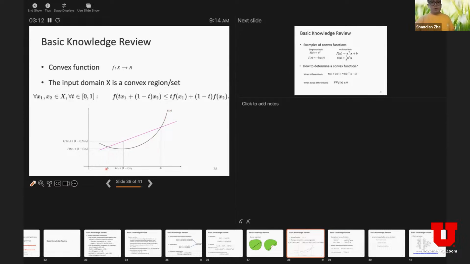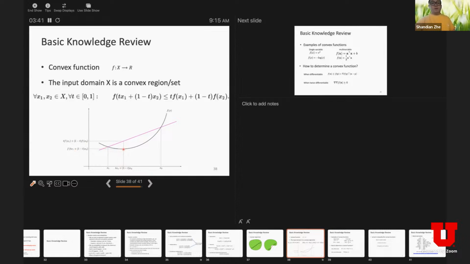We can take arbitrary 2 inputs here, x1, x2, on the x-axis, and an arbitrary t. According to the left-hand side, we first combine x1, x2 according to t, and because t is between 0 and 1, the combination must stay in between x1 and x2, right? Now you evaluate the function at this combined location, and you get your function value here.